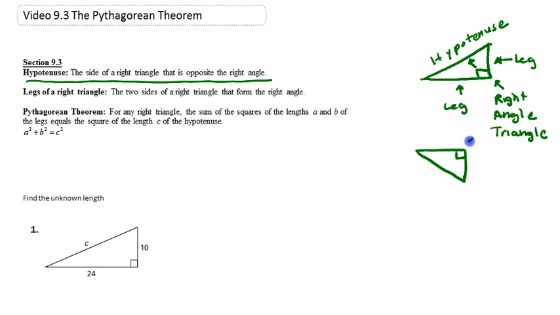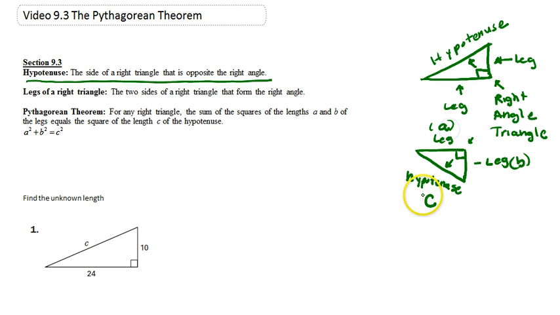All right, here's my right angle. The two sides that form my right angle we call the legs. And the side directly opposite our right angle we call the hypotenuse. Now usually the hypotenuse is labeled with the variable c, and the legs are labeled a and b.